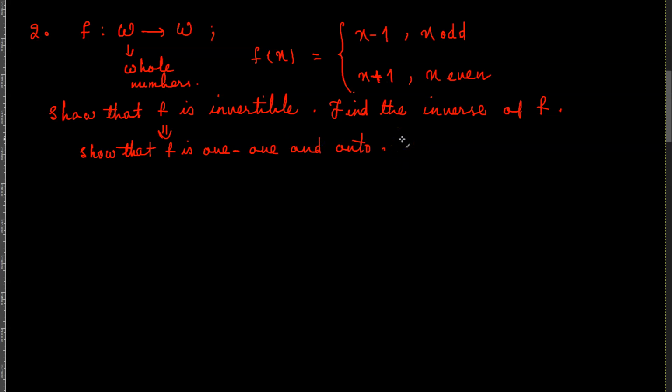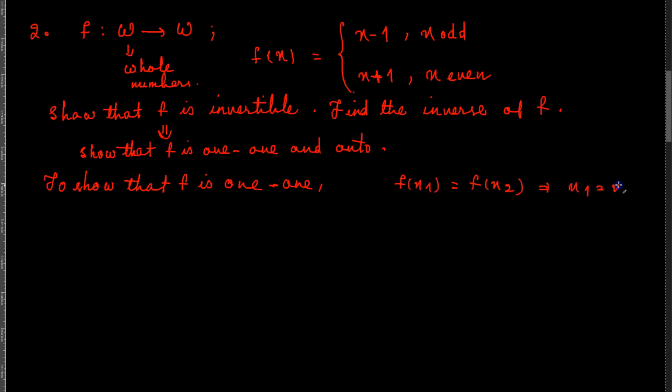Okay, so in order to show that f is 1-1, what you need to do is show that if you take f of x1 equal to f of x2, for example, then that implies that x1 is equal to x2.